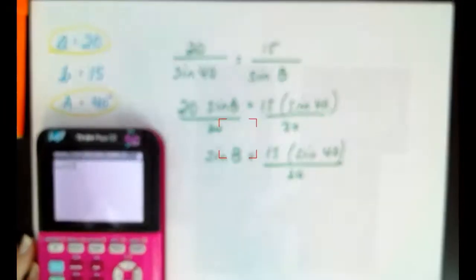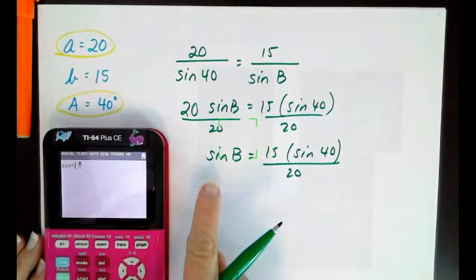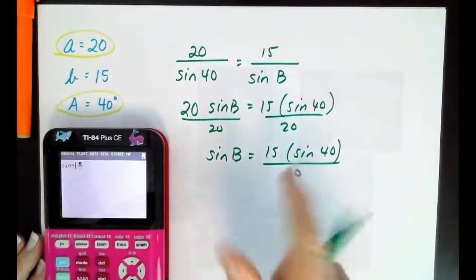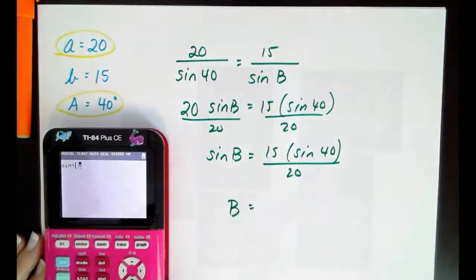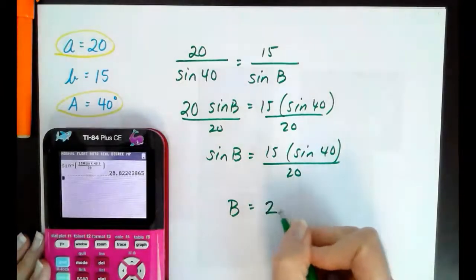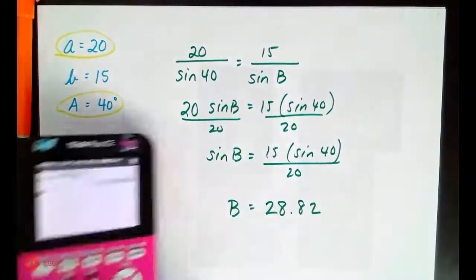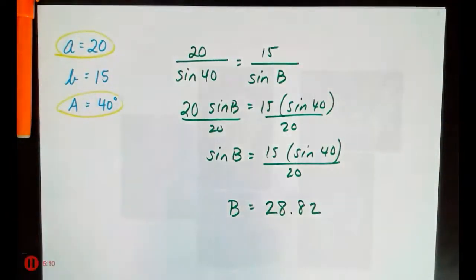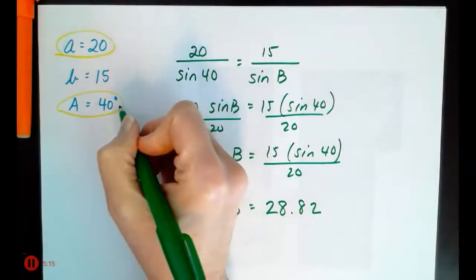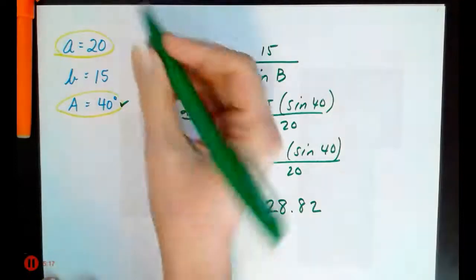So sine inverse of all of that is going to enable us to find B. So 15 times sine 40 on the top, on the bottom, 20. Close those parentheses, we find B to be 28.82.